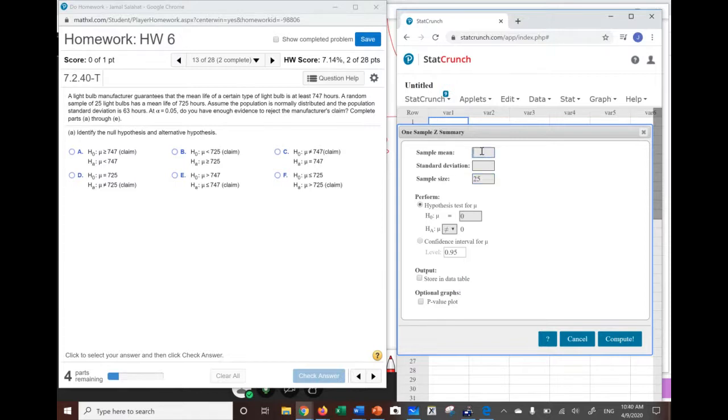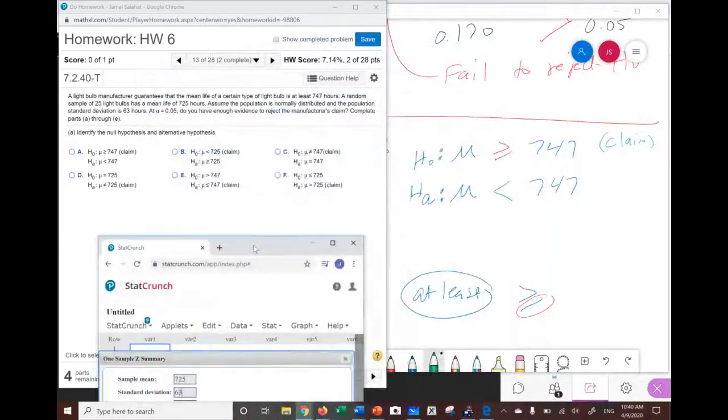The mean is the sample mean, which is 725. And they told us to assume the population standard deviation is 63. I put 63. I come down to the test, and notice one thing in here.